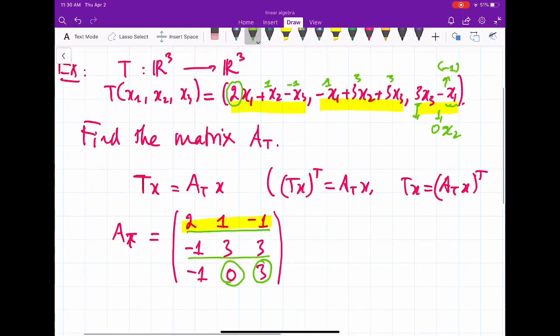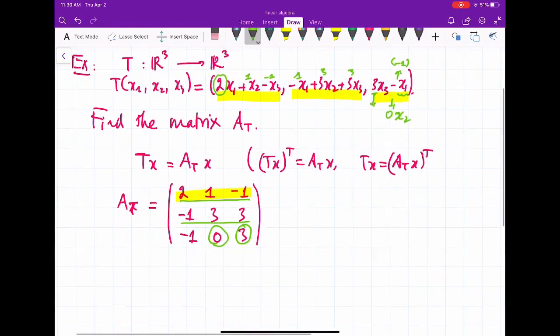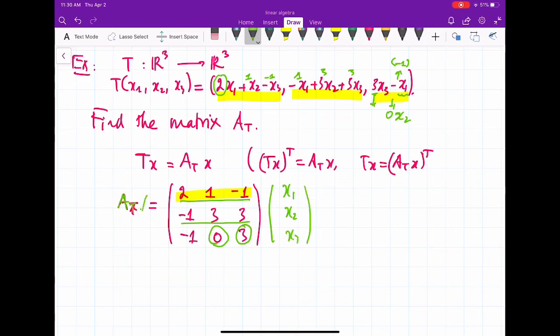Okay, let's verify that. That is A_T. Now let's apply A_T to x1, x2, and x3. So let's say x. This is 3 by 3, and we have 3 by 1 here. So at the end, you should have a 3 by 1 matrix.